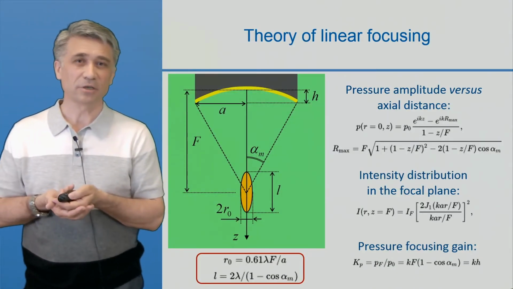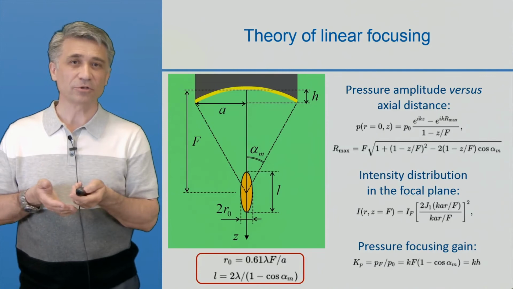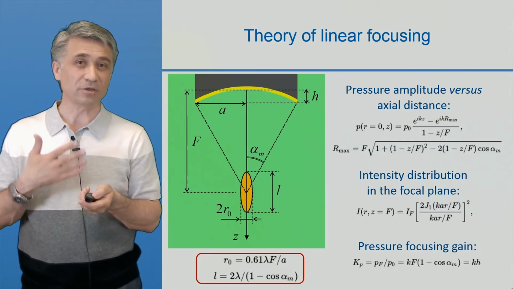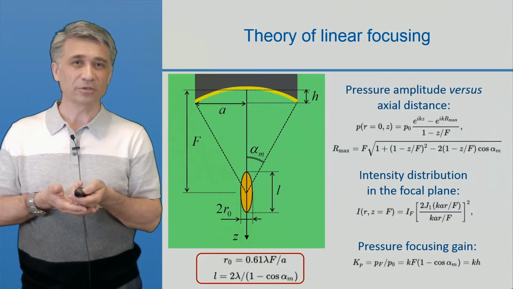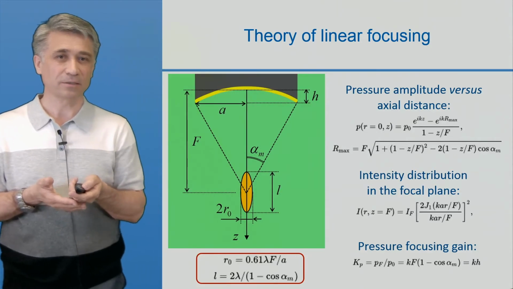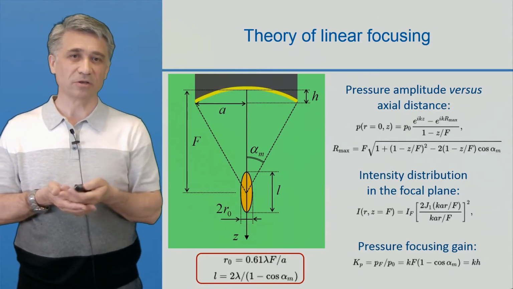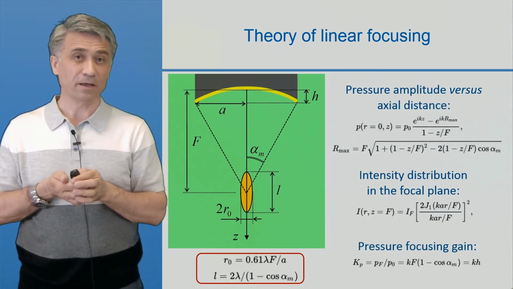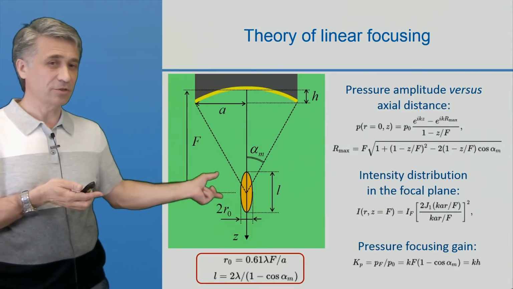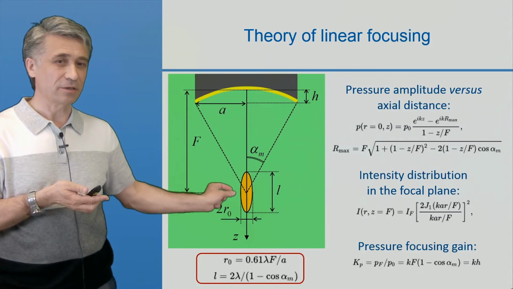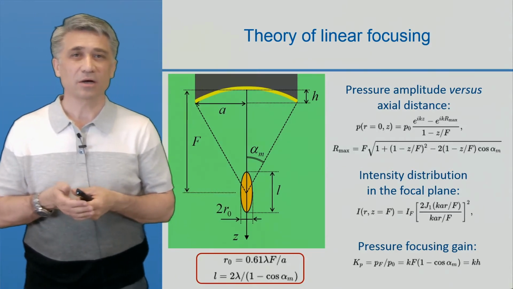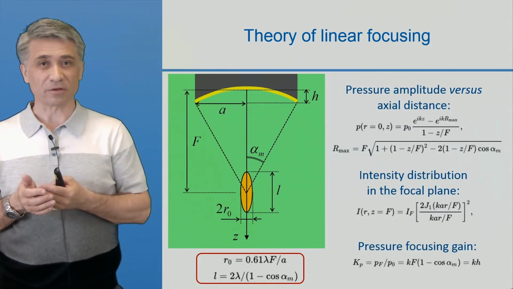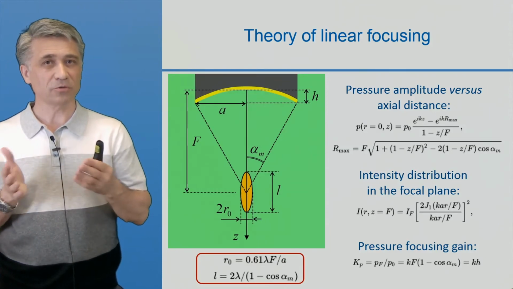Mathematically, these dimensions of the focal region and also the intensity, the focusing gain, all this can be predicted. In the simplified case, you can see here that the sizes of this region, the length and the width, are on the order of the wavelength.